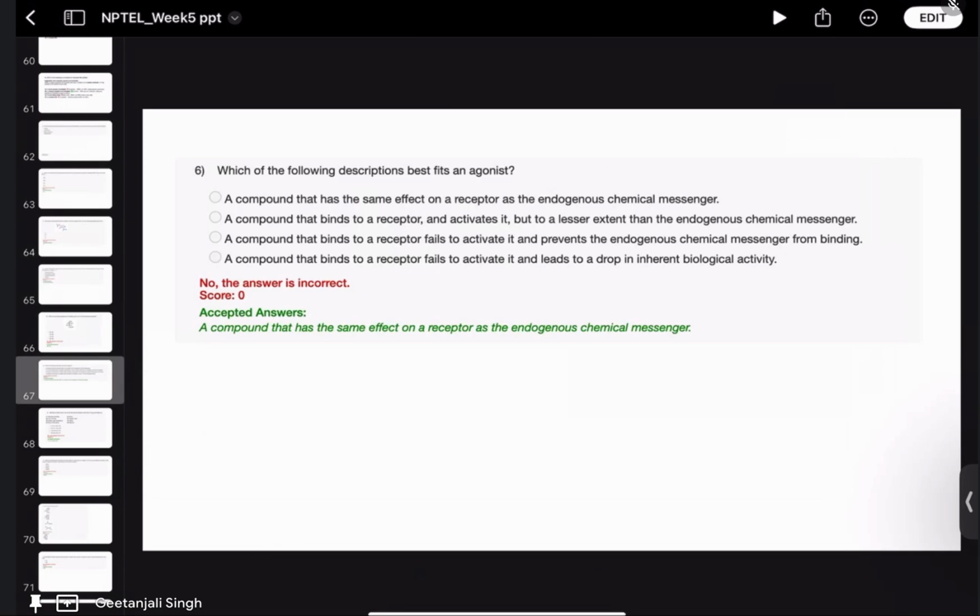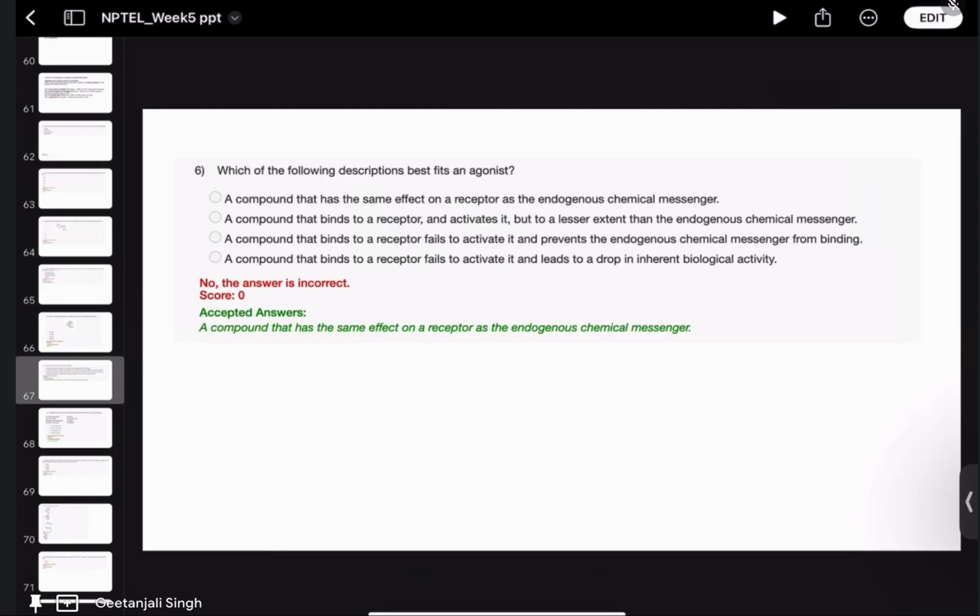A, a compound that has the same effect on a receptor as an endogenous chemical messenger, or B, a compound that binds to a receptor and activates it but to a lesser extent than the endogenous chemical messenger, or C, a compound that binds to a receptor, fails to activate it, and prevents the endogenous chemical messenger from binding, or D, a compound that binds to a receptor, fails to activate it, and leads to a drop in inherent biological activity.